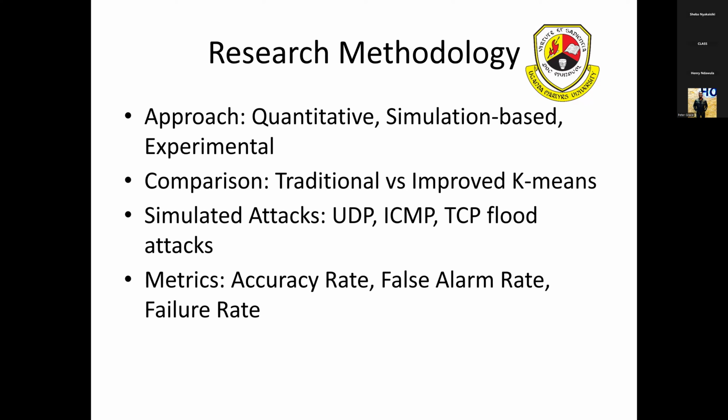There was also looking at some of the performance metrics and comparison, specifically the accuracy rate, false alarm rate, and also the failure rate of both the traditional methods of investigation in network traffic and the improved k-means clustering algorithm, which was found to be much faster in all those comparisons. That is the accuracy rates, the false alarm, and the failure rate.